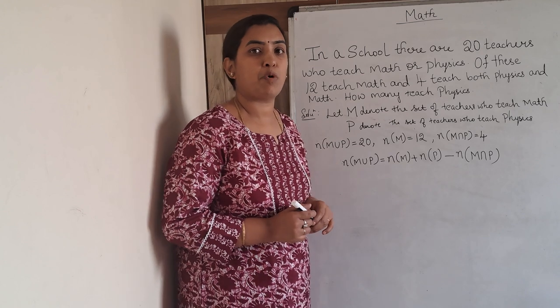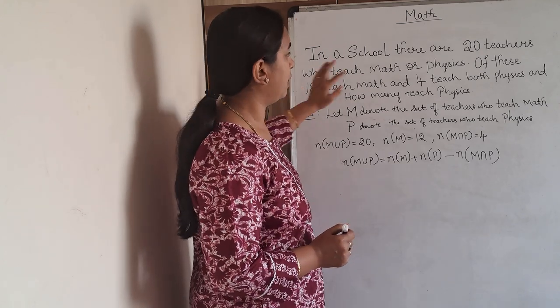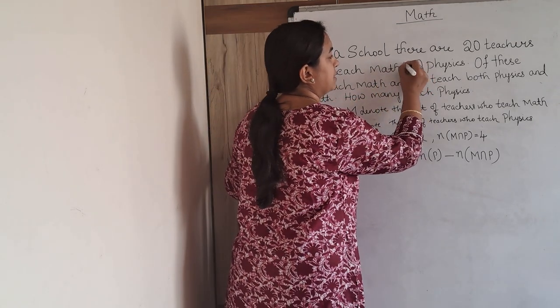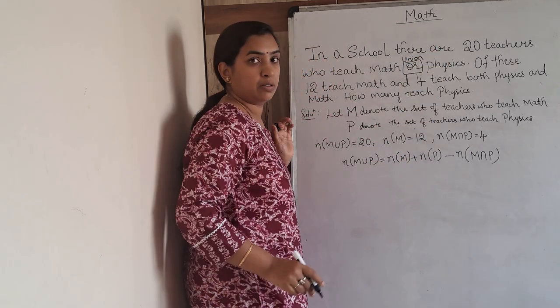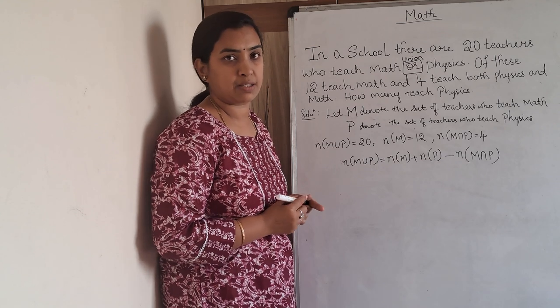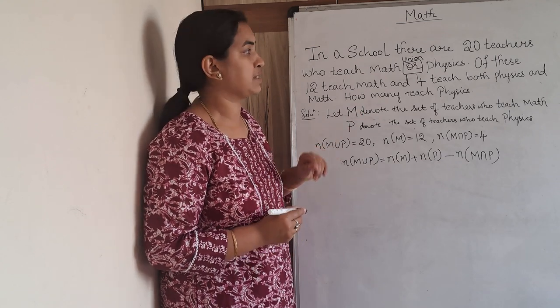While reading this type of problem, you should be a bit careful because here the word or, okay, this represents the union. That means it represents the union of the teachers who teach maths and the teachers who teach physics.